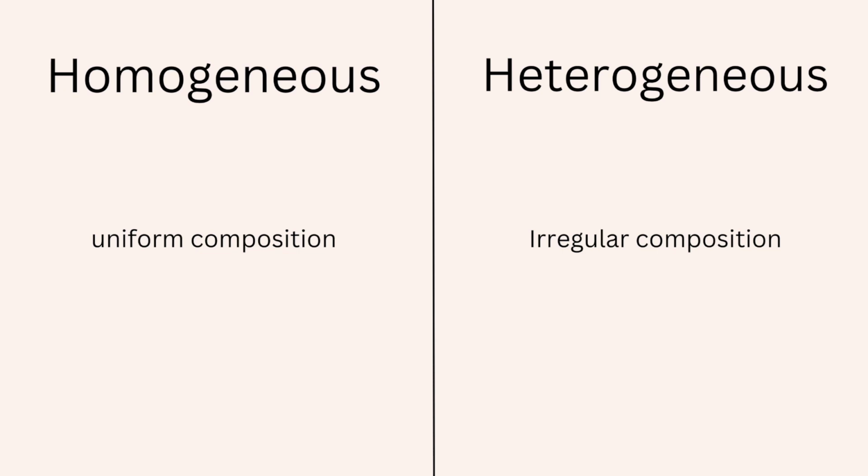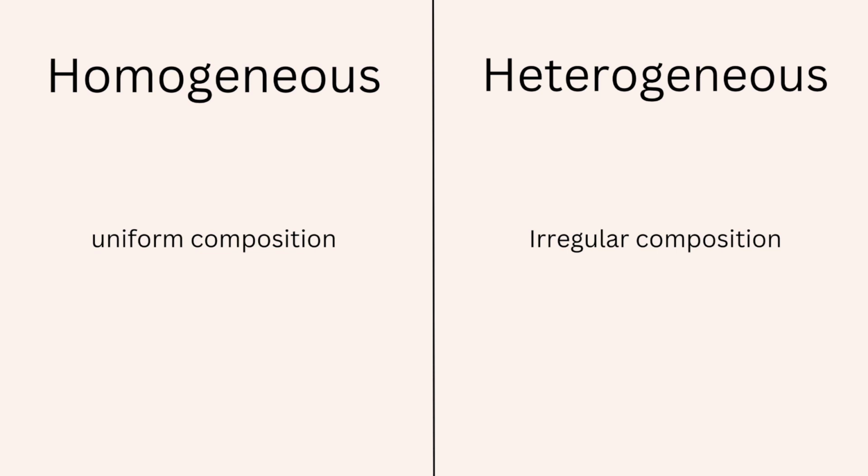Let us assume we have 10 ml of salt water, and if we take 100 ml of that same salt water, the composition of the salt and water will remain the same no matter how much volume you take of it.